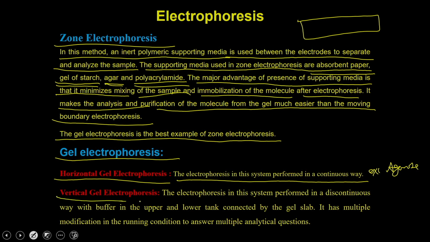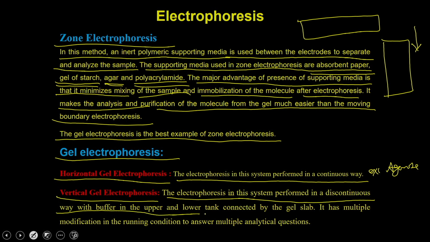Then you have the vertical gel electrophoresis. In a vertical gel electrophoresis you are performing the electrophoresis from top to bottom. The electrophoresis in this system is performed in a discontinuous way with the buffer in the upper and lower tank connected by the gel slab. It has multiple modifications in the running condition to answer multiple analytical questions.